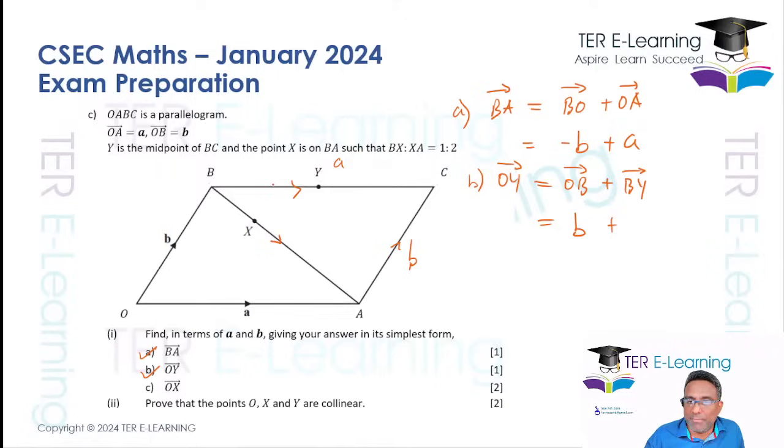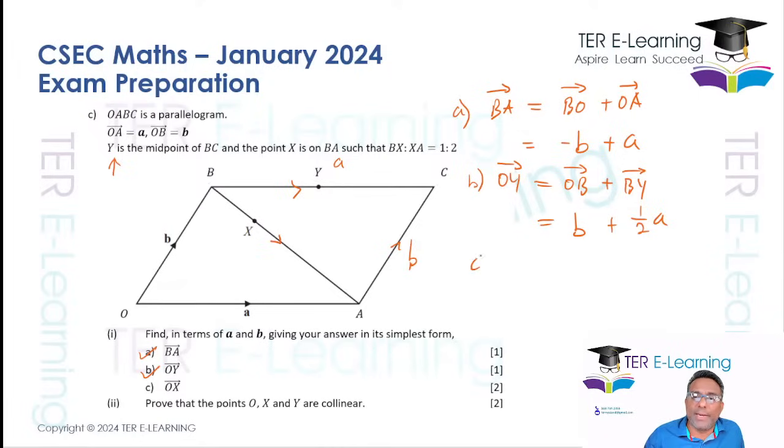Now remember, the point Y was the midpoint of BC. They told you that in the question. Y is the midpoint of BC. So therefore BY is actually a half of A. That's the answer there, right? So that's part B.